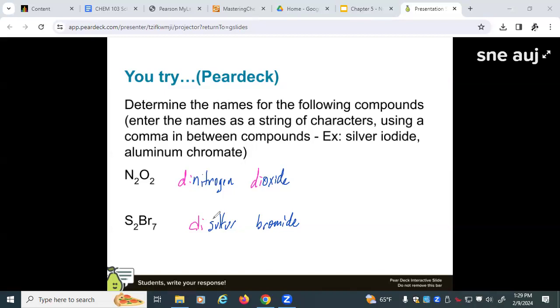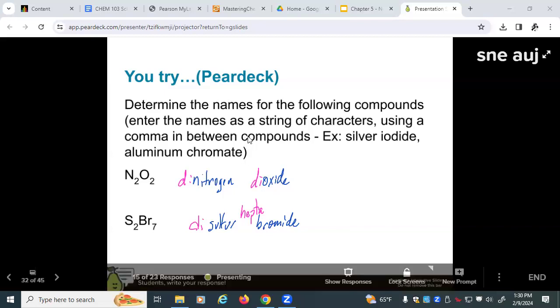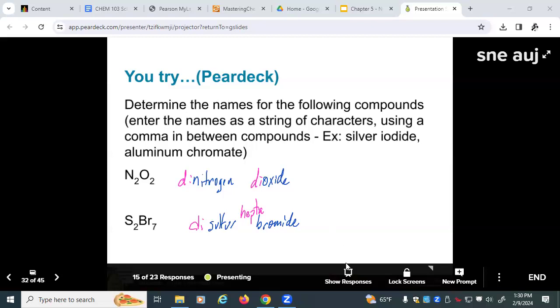Hepta. So S2Br7 would be disulfur heptabromide. All right, any questions with that one?